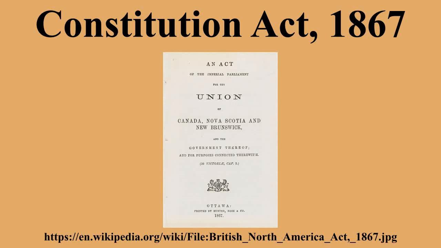Section 91 authorizes Parliament to make laws for the peace, order, and good government of Canada, in relation to all matters not coming within the classes of subjects by this Act assigned exclusively to the legislatures of the provinces.